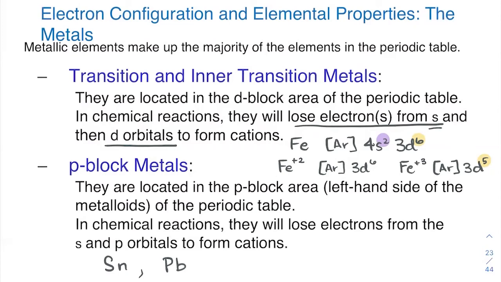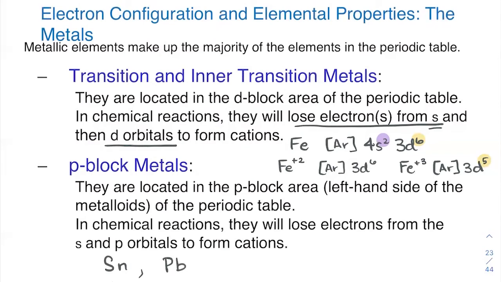Let's just take tin. Tin has an electron configuration of krypton 5s2 4d10 5p2.